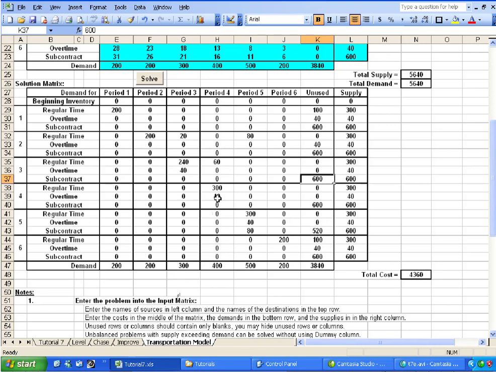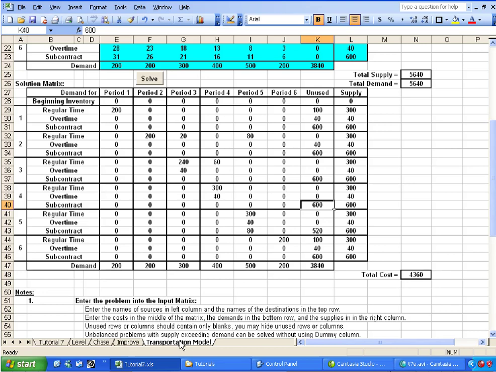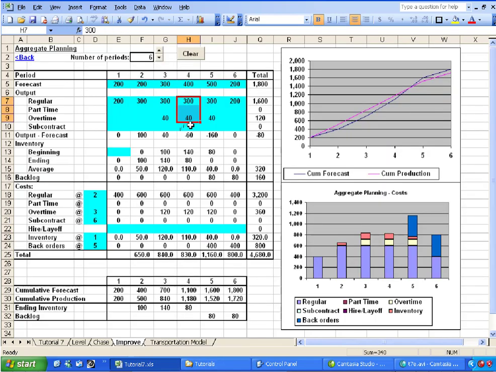In the fourth period, we used all our regular time, all our overtime, and again, no subcontracting, which are the same values we had before. In the fifth period, we again used all regular, all overtime, and we used 80 units of subcontracting. So we need to add back 80 units of subcontracting in the fifth period.